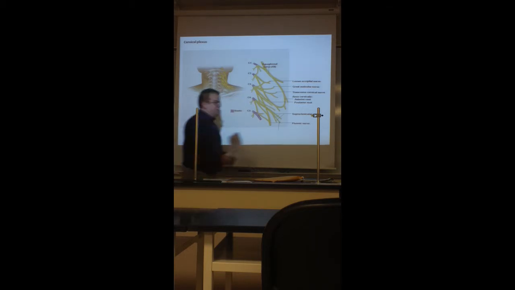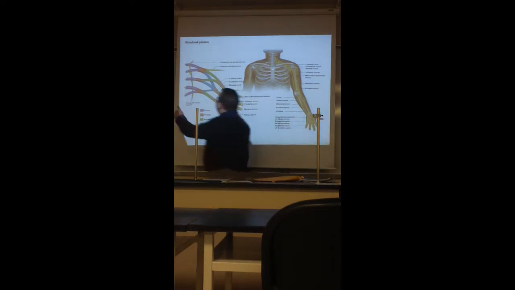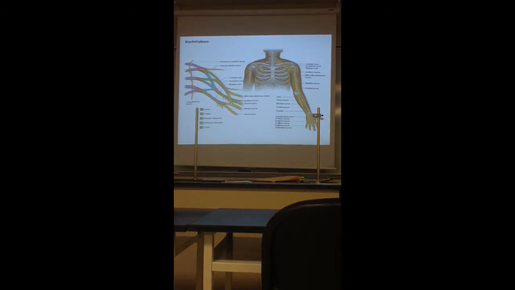The brachial plexus, which is here, guess what it serves? The arm. It includes C5, C6, C7, C8, and T1, though you don't need to know those specifically. Some of the fibers will mix together, and then some of them will split apart and form other nerves. In the end, we have the ulnar nerve, the median nerve, the radial nerve, the axillary nerve. All these nerves are actually composed of fibers from various cervical vertebrae and even one thoracic.